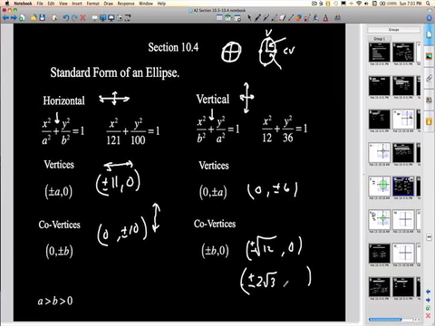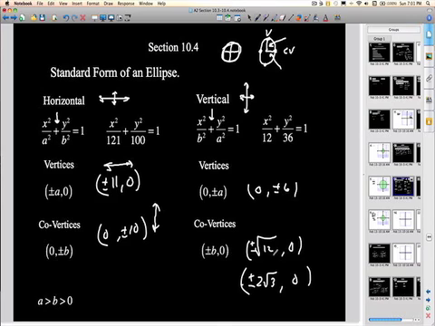If you're thinking about graphing this, the square root of 12: 9 is 3 squared and 16 is 4 squared, and 12 is pretty close to halfway between them. So I would tend to think of that as being about 3.5 as you're graphing it.